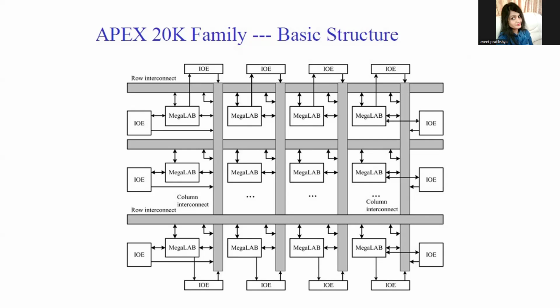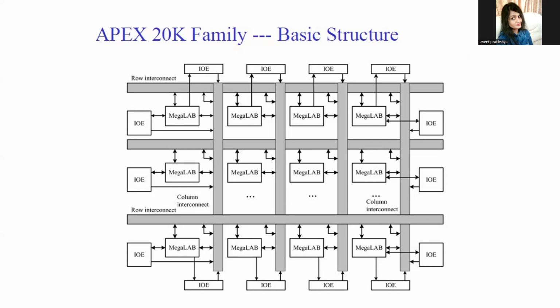Coming to the Apex 20K overview, in short I will explain. It supports more complex designs with 51,840 LABs, 216 embedded memories, and 808 input output pins. The memory can store up to 4 Mbits, making it suitable for systems requiring large buffers or configuration storage.